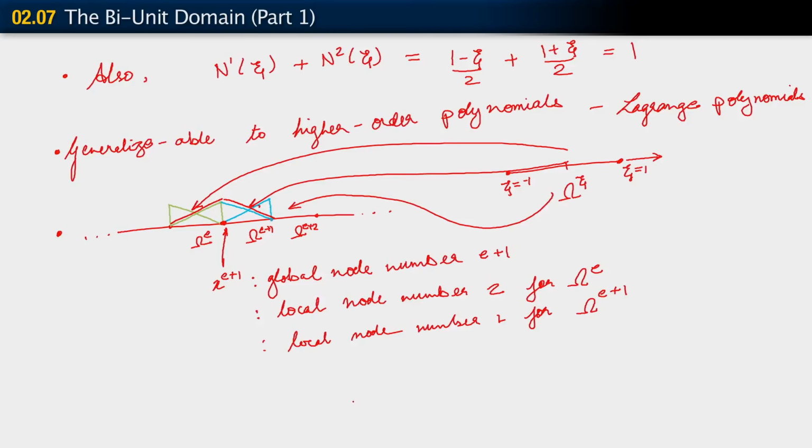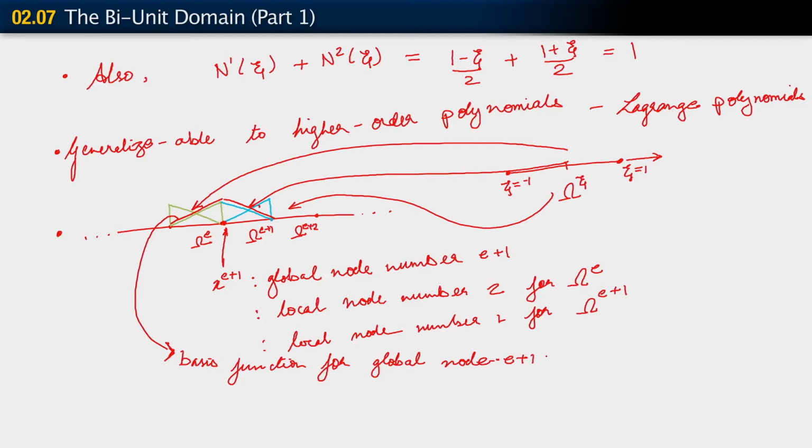Now, the basis function corresponding to node xe plus 1, which I will label, right, this is the basis function for global node E plus 1.